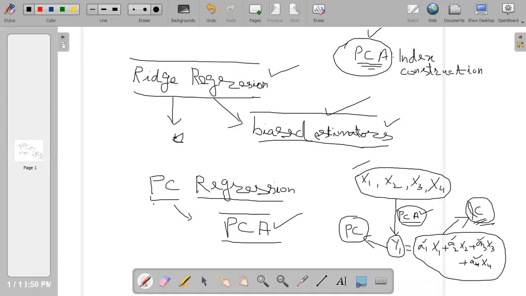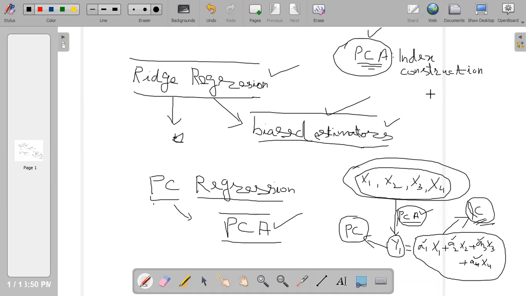It is applied on a number of variables, and the purpose is to bring data on a large number of variables into a smaller number of new variables. In some cases, just one new variable. In some other cases, 2 new variables, 3 new variables, right?